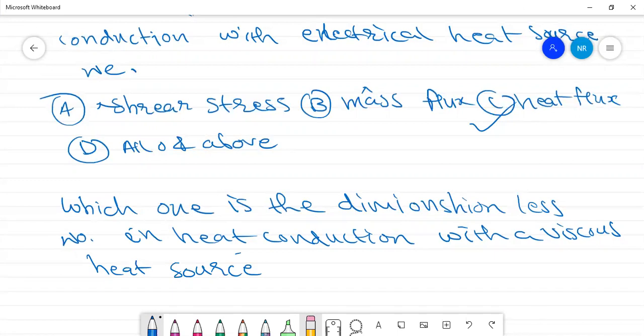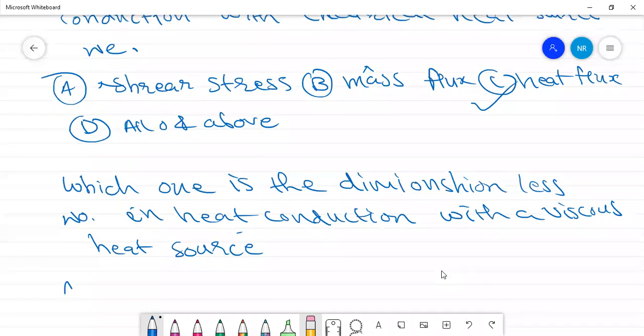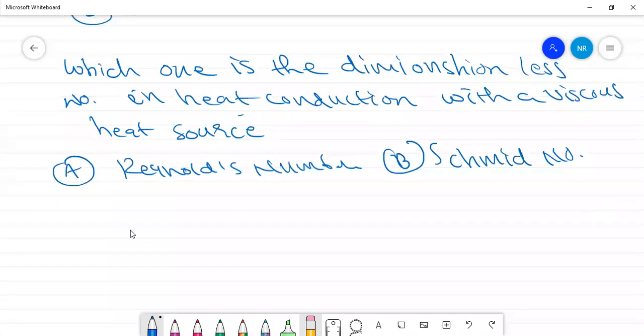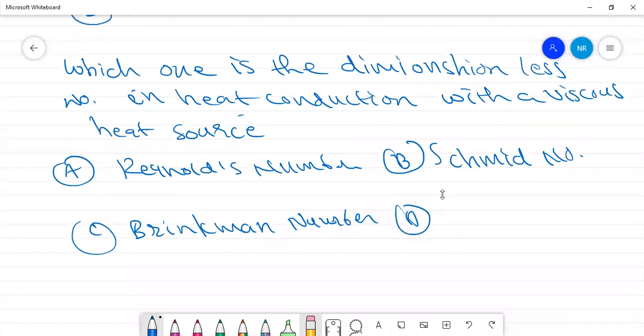The four options are: A, Reynolds number; B, Schmidt number; C, Brinkman number; and D, none of the above.